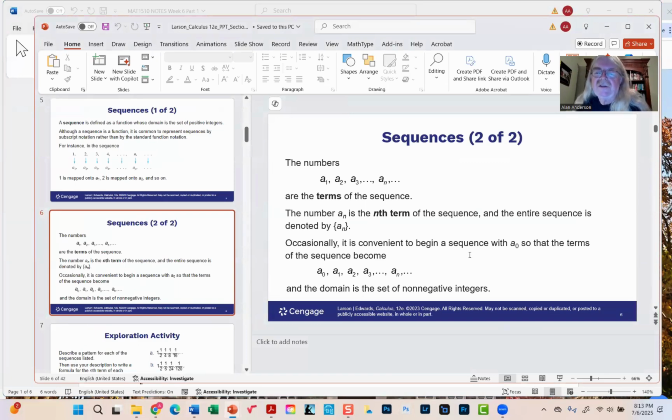And yeah, they're putting it out here too. Sometimes it's easier to start with 0. It depends on what we're trying to represent. But 1 is the most common starting point. Occasionally you do see 0. Very, very occasionally you might see negative indices, but that's kind of unusual. It's not impossible, but it's unusual. Normally we start at either 0 or 1. Much of the time we start with 1.